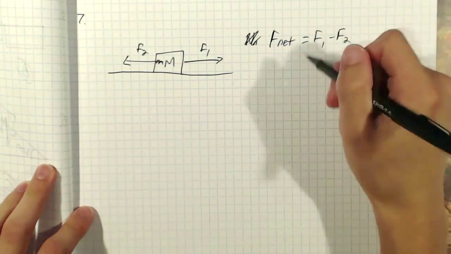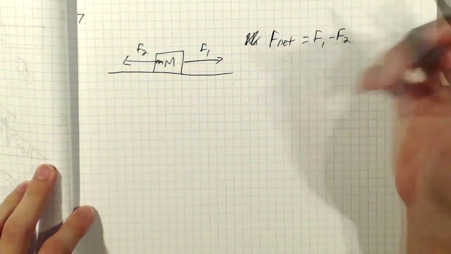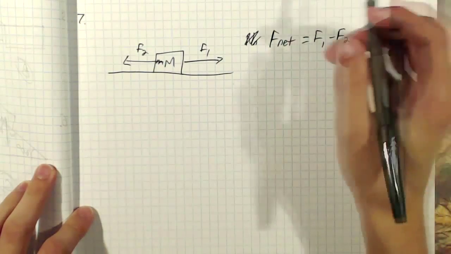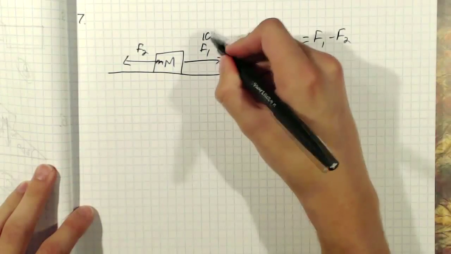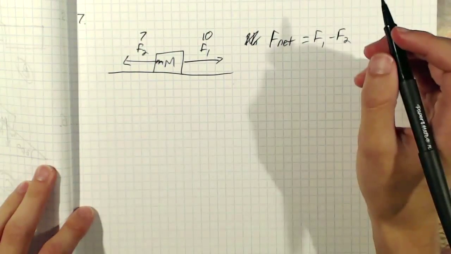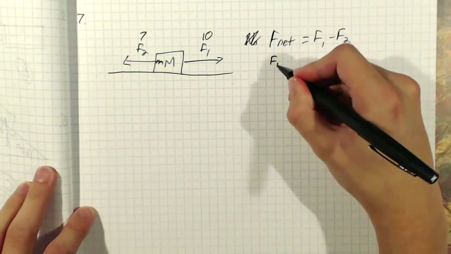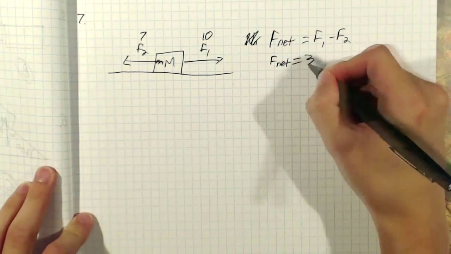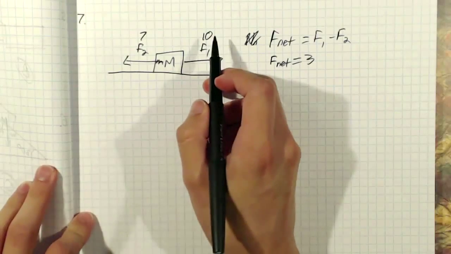Because you always put the bigger one first to get a positive number, if that makes sense. So let's just give these numbers. Let's say this is 10 and this is 7. So our net force would be 3 in the same direction as F1.